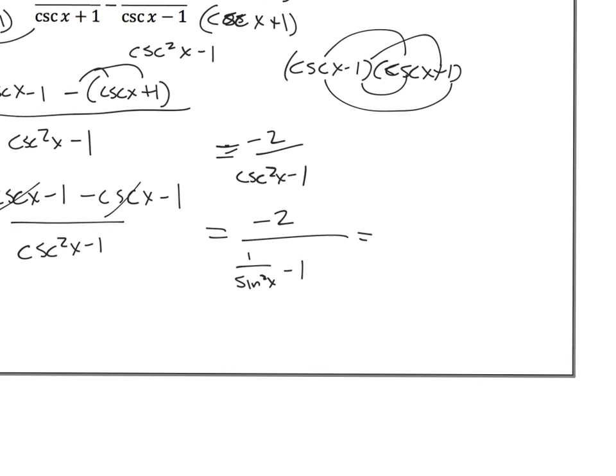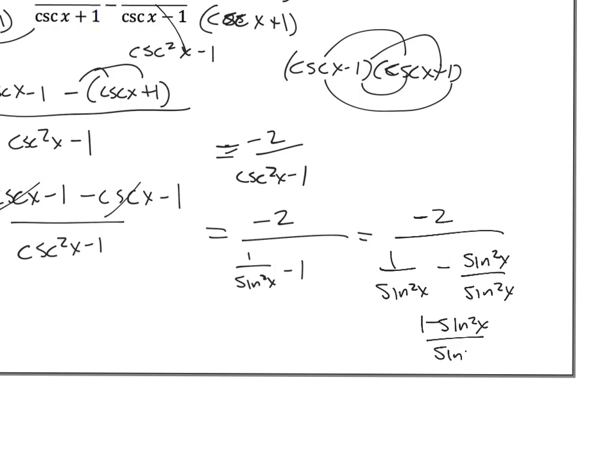So all I'm going to do is rewrite this with a common denominator just in the bottom. What that gives me is 1 minus sine squared x over sine squared x. But remember, this is just going to be cosine squared x over sine squared x. I'm just rearranging that.